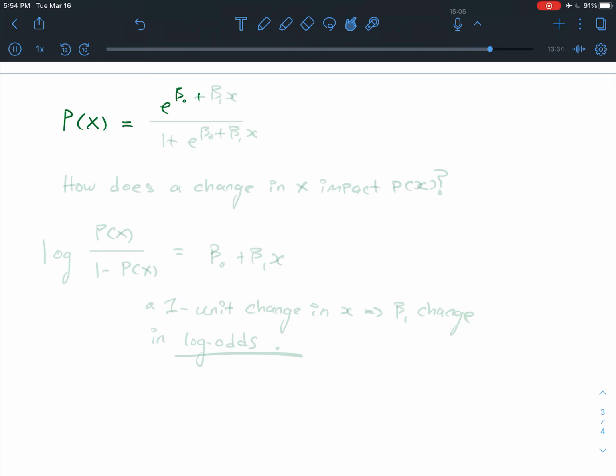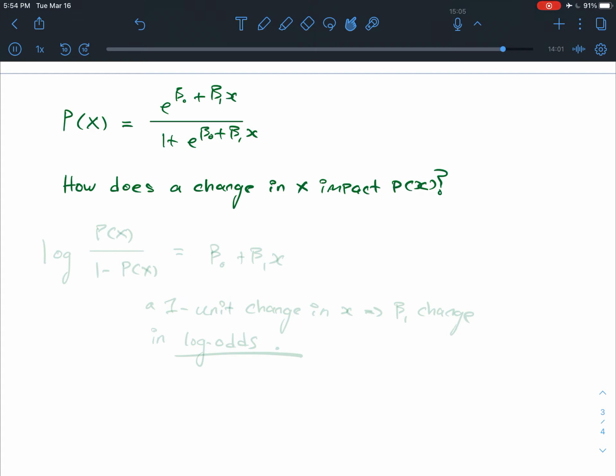I'll write it out again. And it's not quite clear, how does a change in x impact p of x? It's not quite clear.